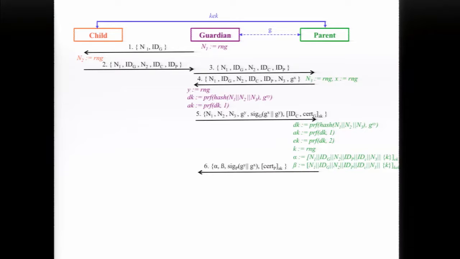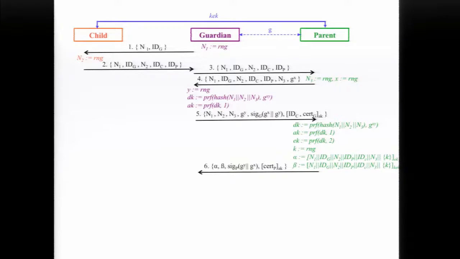Now, the parent sends the tokens together with its certificate and the signature to the guardian. This message 6 overlays the Sigma protocol, which is the second stage of our protocol, as well as the second stage of the 3PKD protocol.